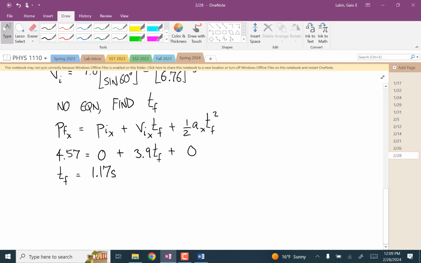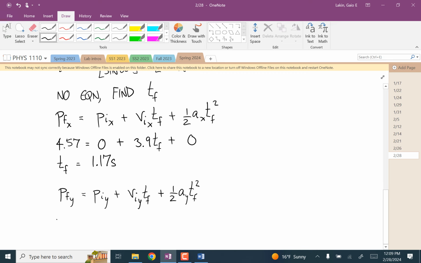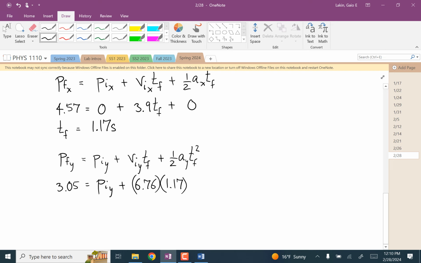Now that we have that, we can use the y equation. This says 3.05 is equal to the thing we're trying to calculate, plus 6.76 times 1.17, plus half of negative 9.81, which is minus 4.905, times TF squared. TF is 1.17.